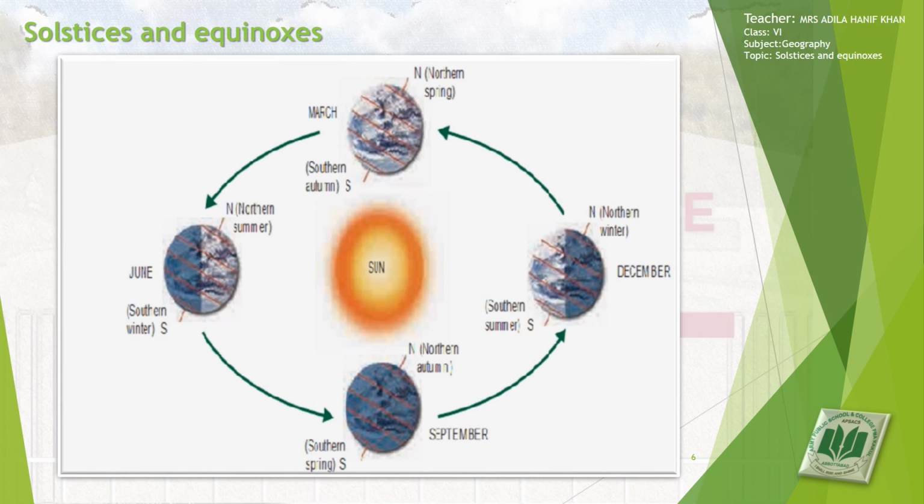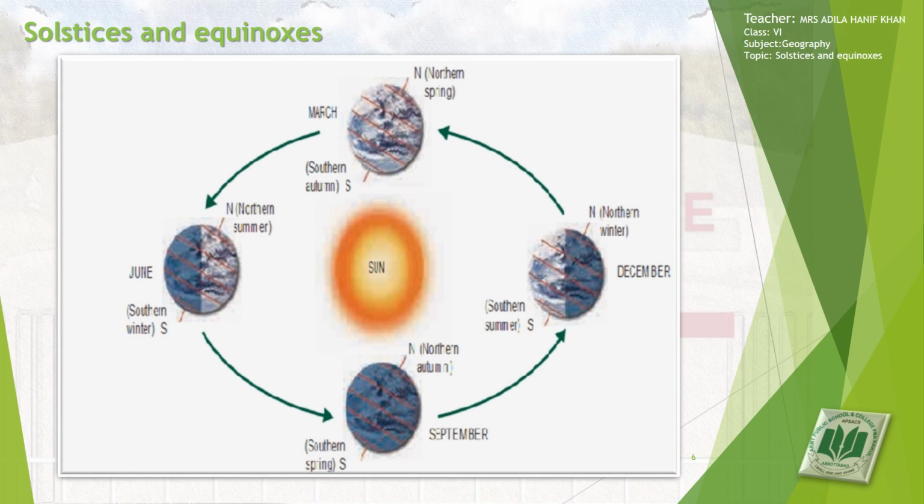What is equinoxes? The word equinox is made up of two Latin words, equi meaning equal and nox meaning night. The length of a day and night are equal on this day of the year.